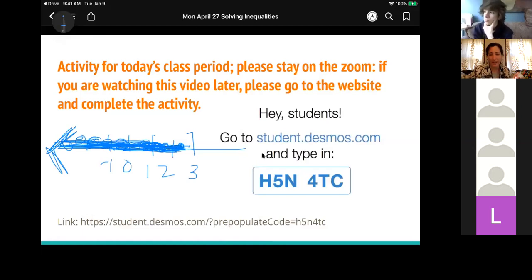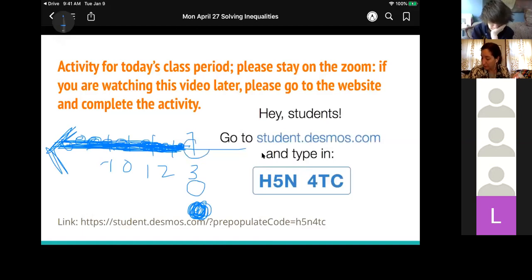Does anybody from a past math class know how you indicate that 3 is not included on a number line when you're doing these number line graphs? If 3 is not included, what do you do? It's either an open circle on 3 or a closed circle on 3. Does anybody know which one it is if 3 is not included?